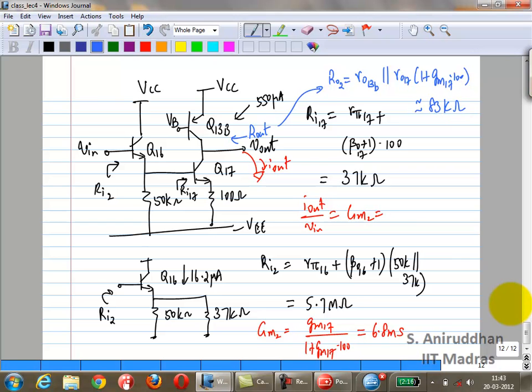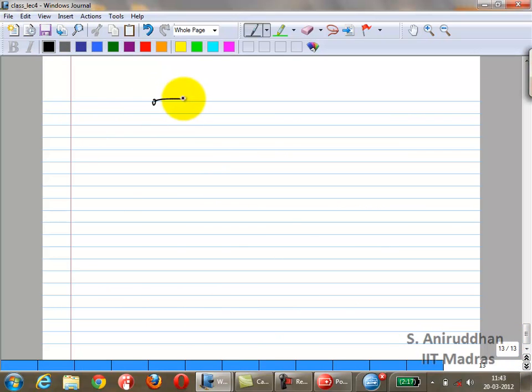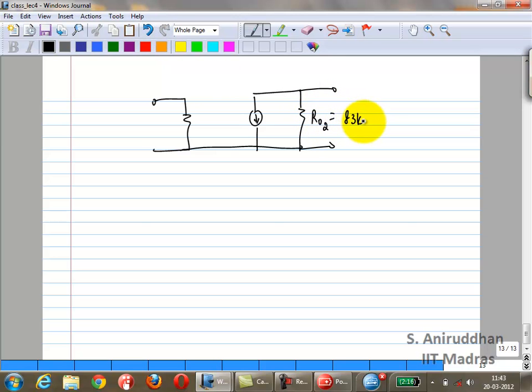So now we also have the equivalent circuit of the second stage. Okay, and this happens to be 6.8.